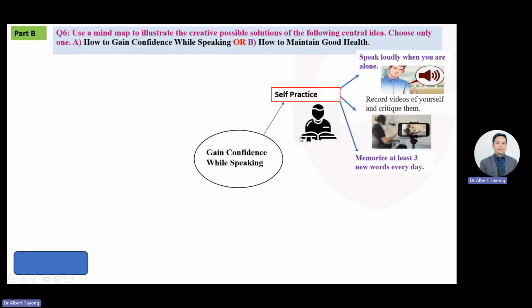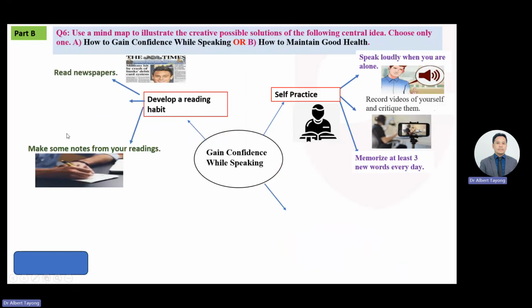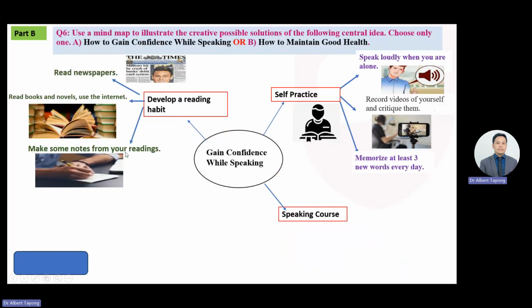Okay, so in terms of self-practice, maybe you can speak loudly when you are alone. You can record videos of yourself and critique them, memorize at least 3 new words every day or more, and develop a reading habit, for example, making notes from your readings, reading books and novels, using the internet.